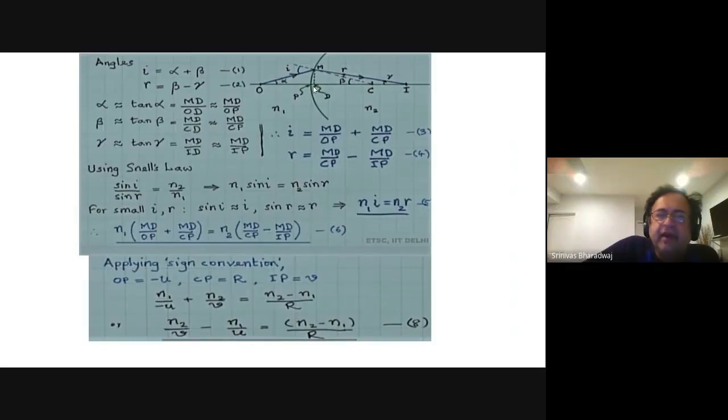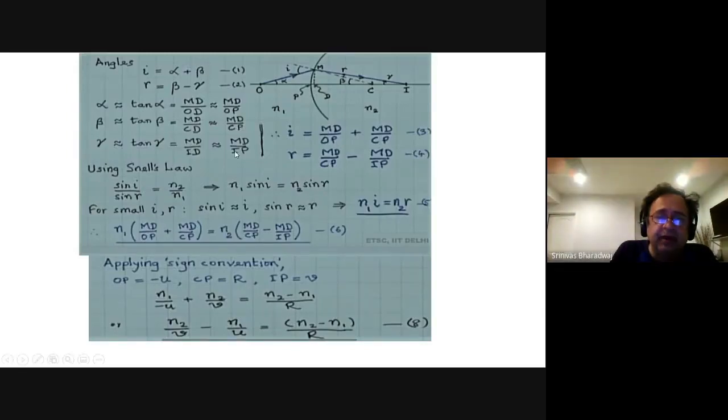Okay, so MD by CP is what? MD by CP is tan alpha. MD by IP is tan gamma. Using all that, he writes it separately.